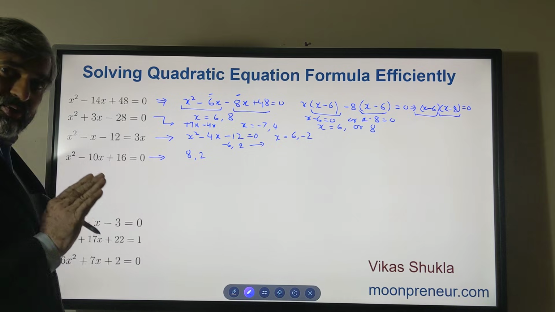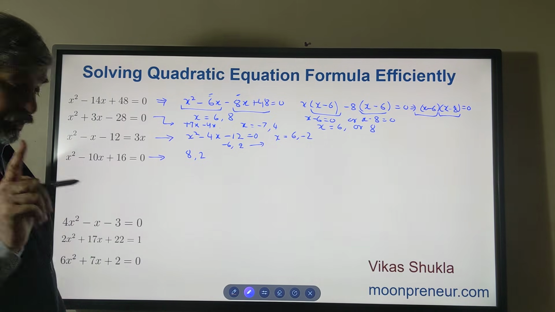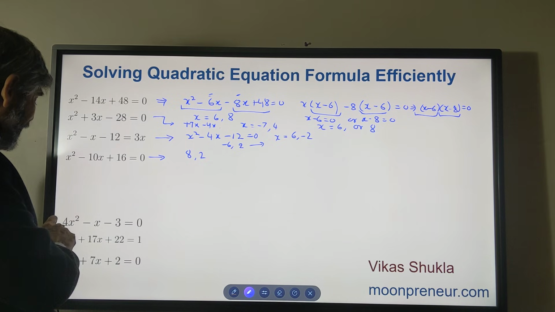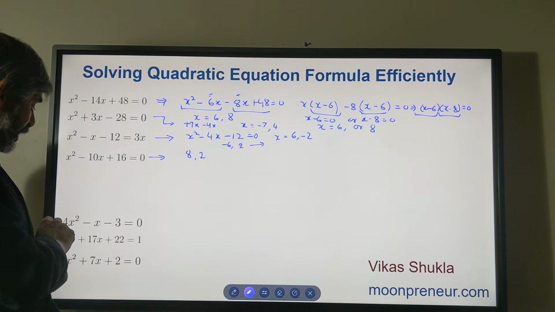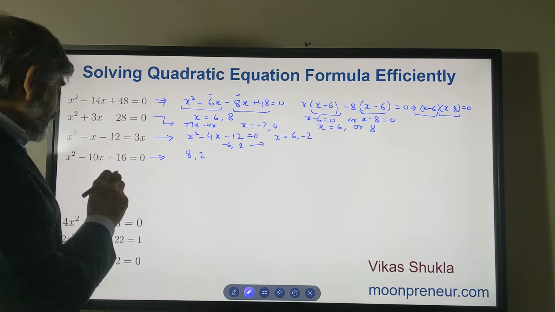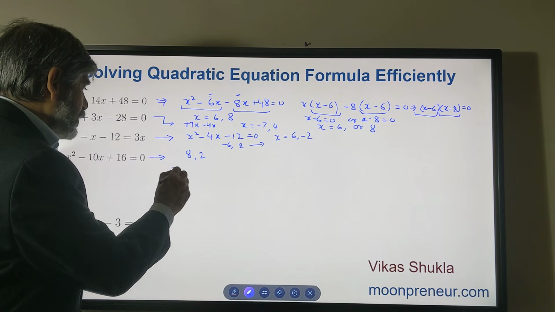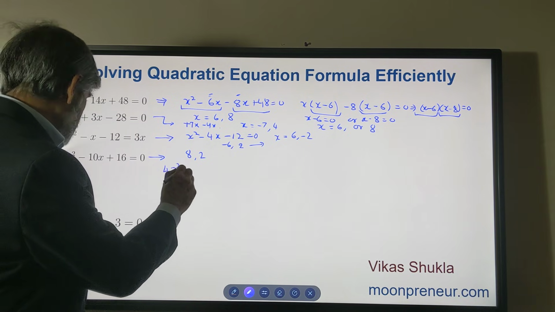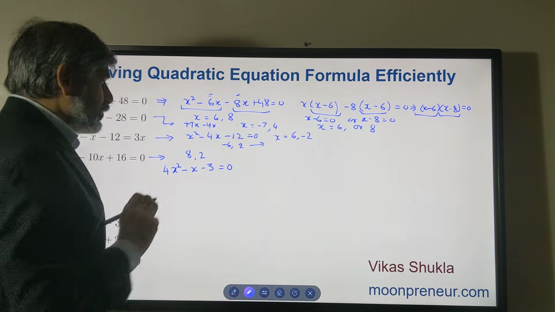Now it gets very interesting if you come to the problem when a is this ax square, the coefficient of x square is not 1. We could split it. The way to do this is, I will write this equation here, 4x squared minus x minus 3 equal to 0.